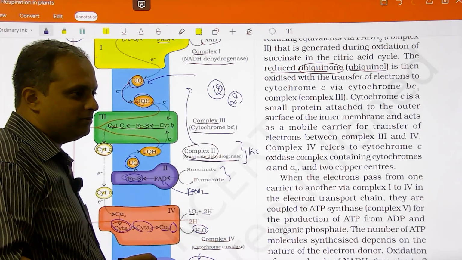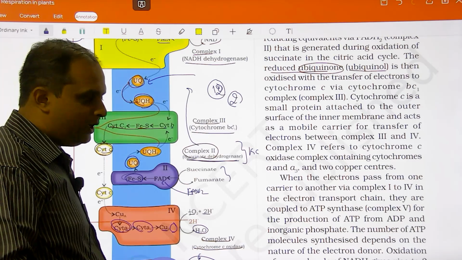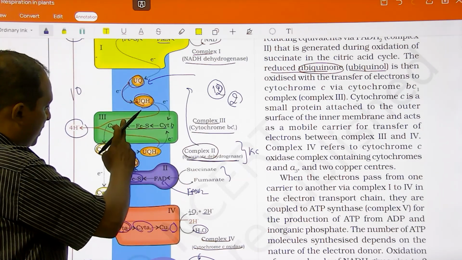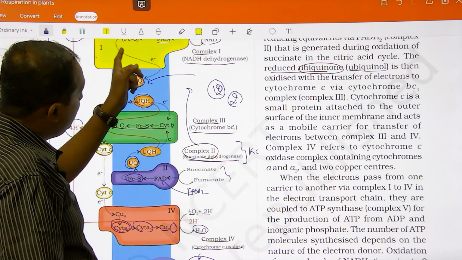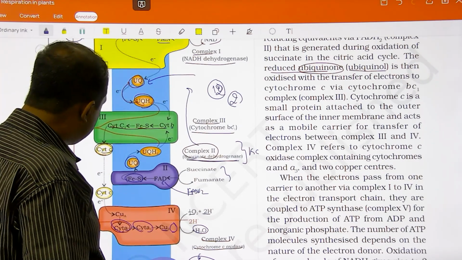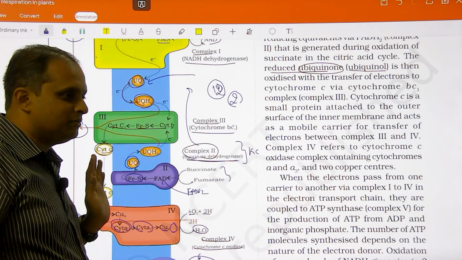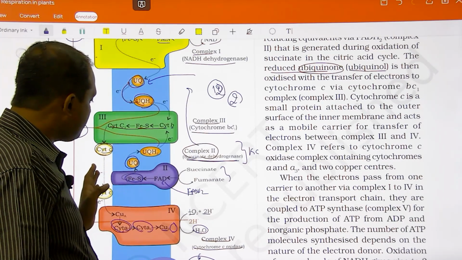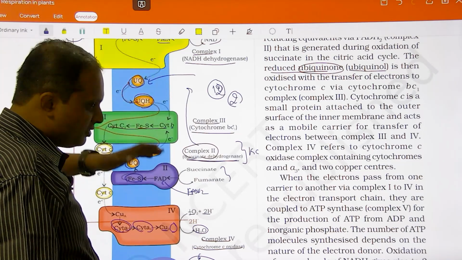You have to know the sequence: from complex 2, ubiquinol, complex 3, complex 4; from NADH, complex 1, ubiquinol, complex 3, complex 4. அந்த சீக்வென்ஸ் தெரிஞ்சுக்கணும். புரியுதா?